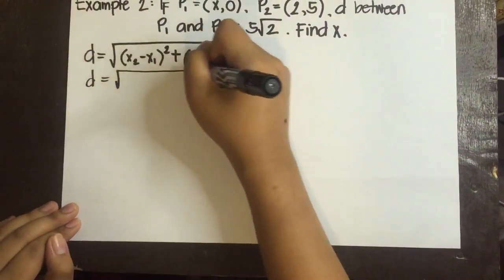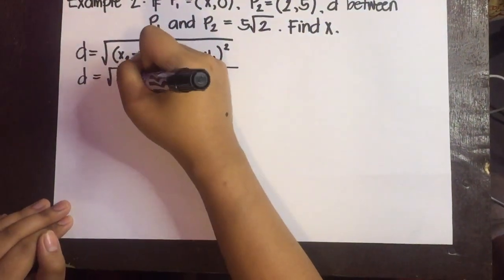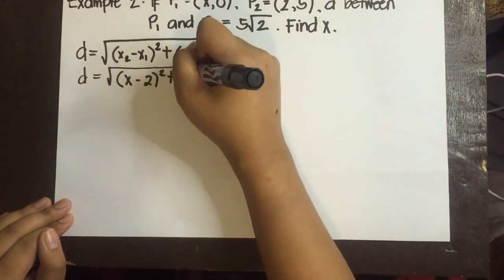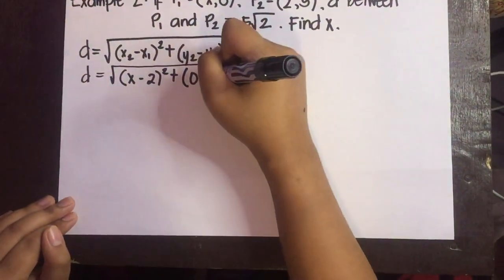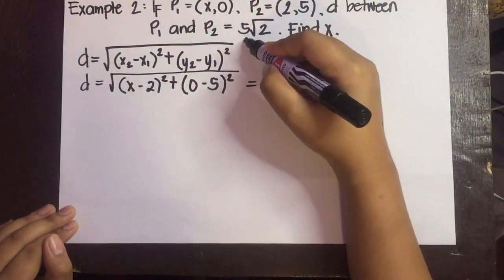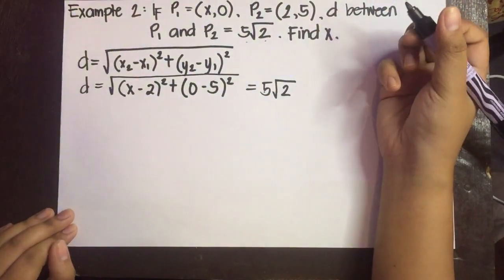So square root of x minus 2 squared plus 0 minus 5 squared is equal to 5 square root of 2.